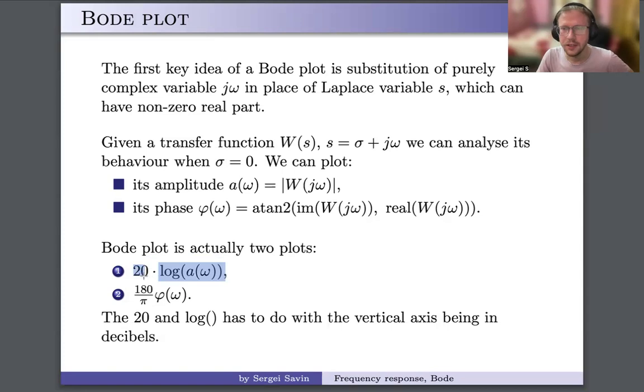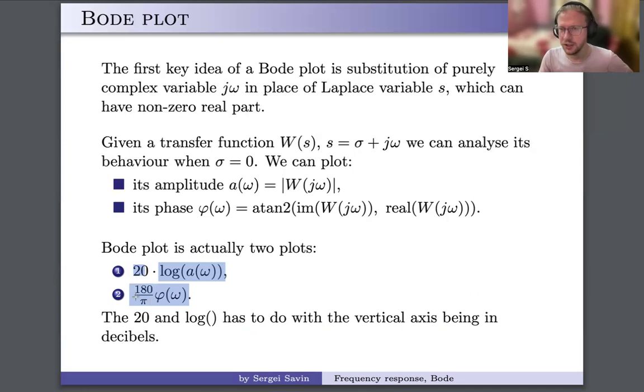The 20 has to do with the fact that people who invented this type of notation back in the day cared about the energy of the signal. So 2 would have something to do with power of 2, since energy tends to be like a square of a signal. And the 10 has to do with decibels, deci, 1/10. And to plot phase, you just transfer your radians into degrees.